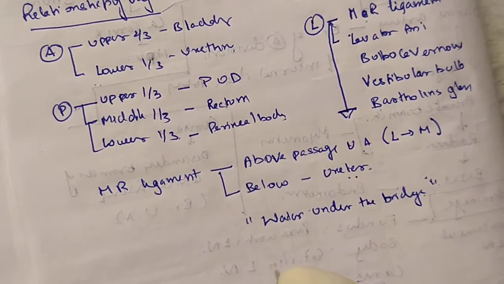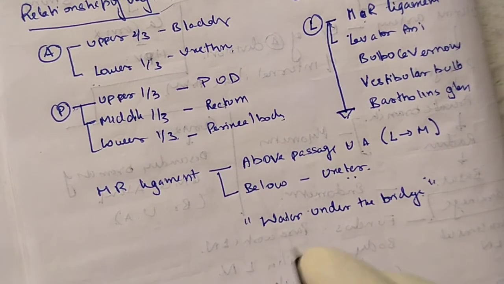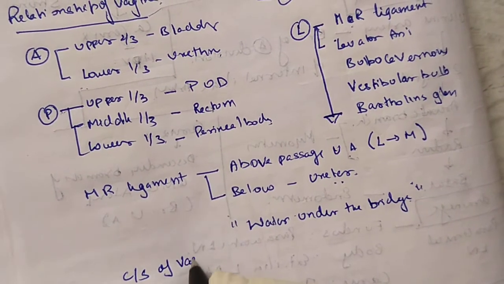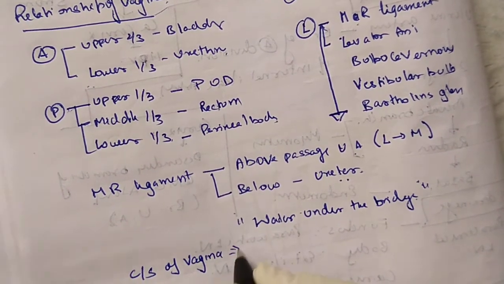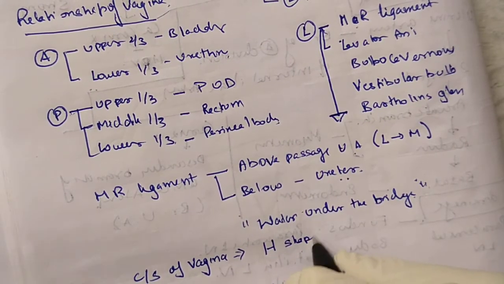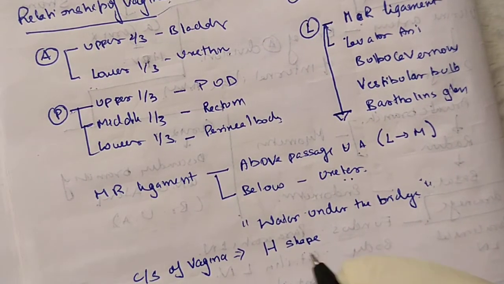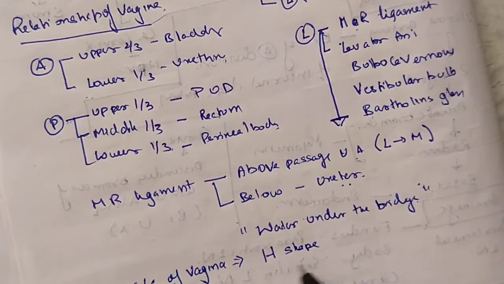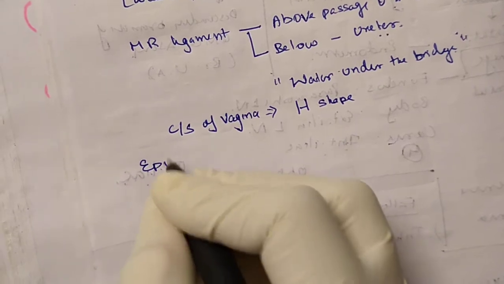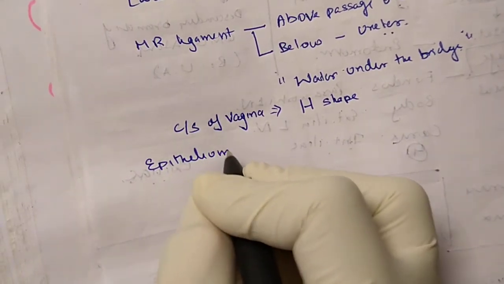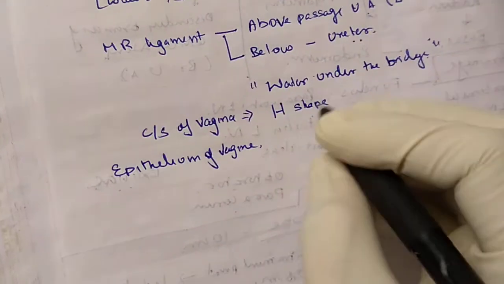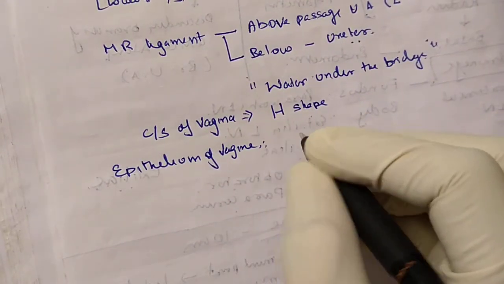Okay, now we'll talk about the cross section of the vagina. It is H-shaped. The vagina is cut, and then the H shape will be formed. And what is the epithelium of the vagina? The epithelium of the vagina varies.